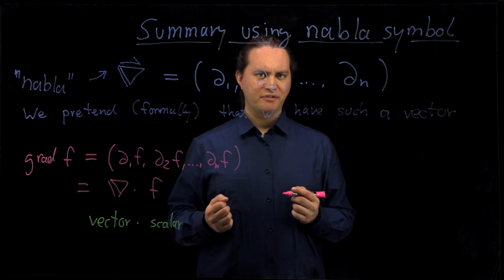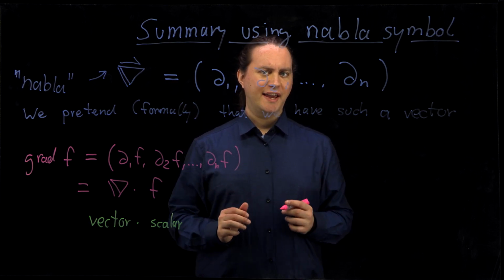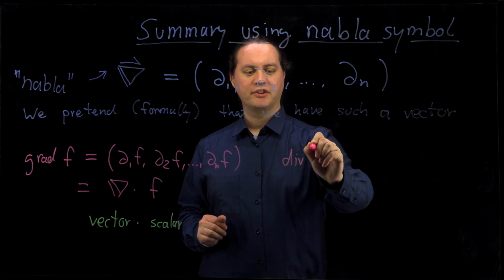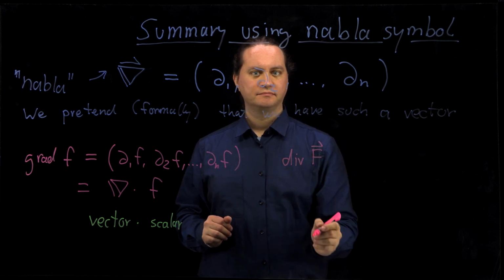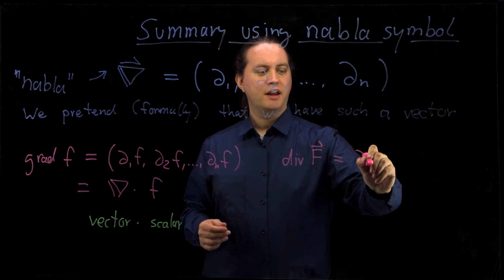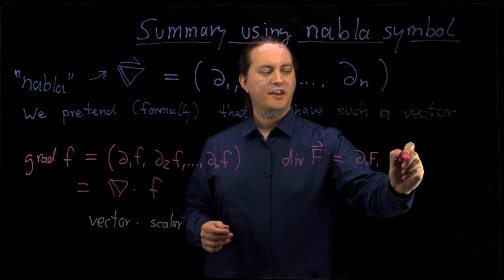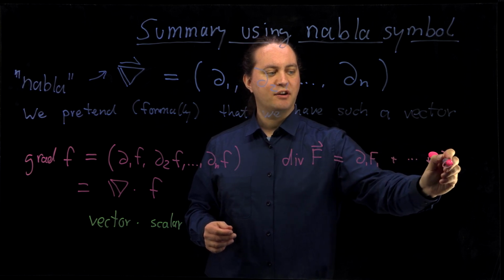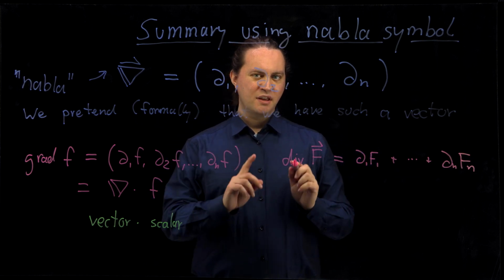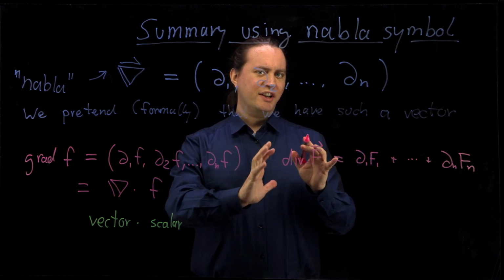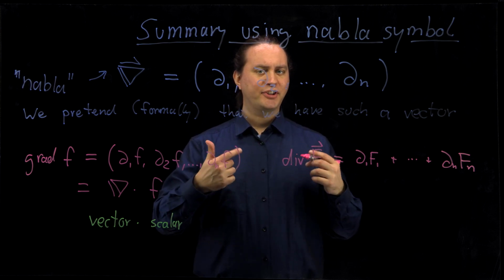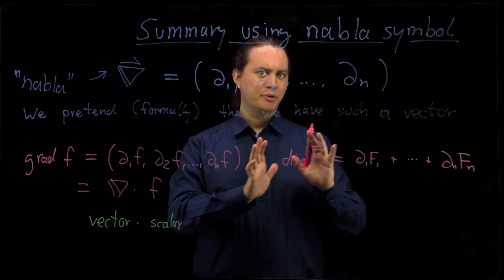The divergence of a vector field f can also be related to the nabla symbol. If I take the divergence of f, that's the same as summing up del1 of f1 plus and so on up to del n of fn. If I take a sharp look now, I recognize this can also be written as a formal dot product, a formal scalar product of the nabla symbol with the vector f.